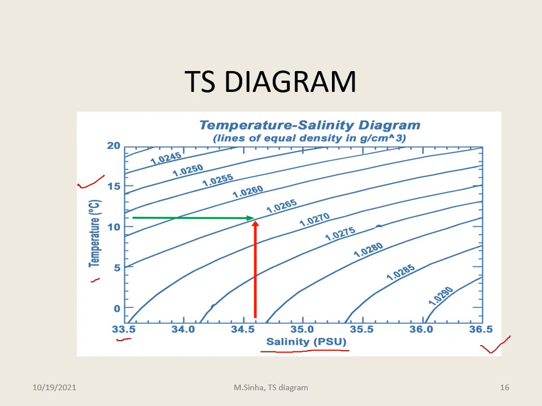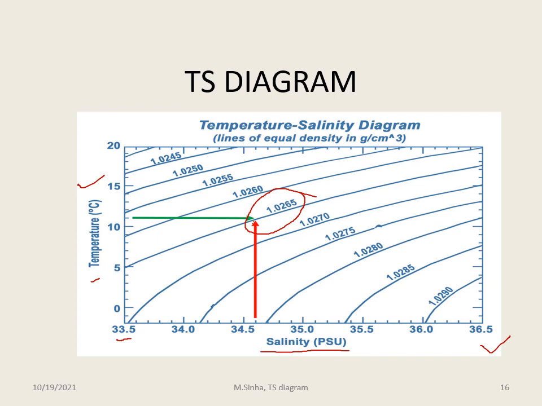The point where temperature and salinity merge is identified, and in the diagram there are a few iso lines, just like isobar and isothermal lines. Iso-density lines have been plotted. Those iso-density lines are determined on the basis of temperature and salinity.